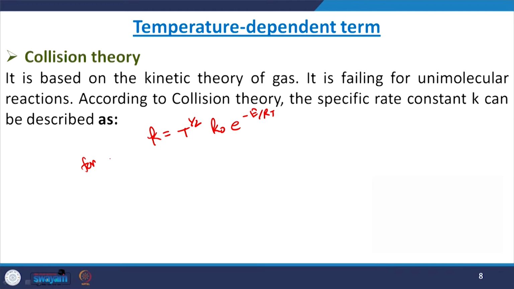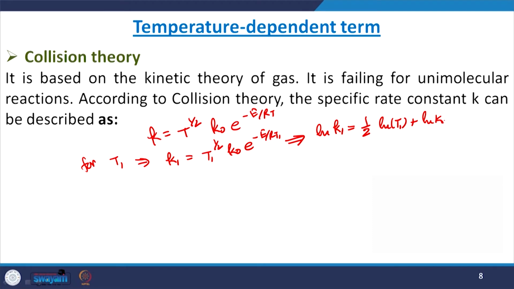Now, for T1, K1 is equal to T1 to the power half K naught e to the power minus E upon RT1, or ln K1 is equal to half ln T1 plus ln K naught minus E upon RT1. You may refer to this as equation number 5.